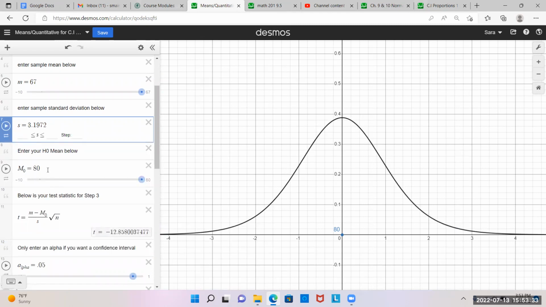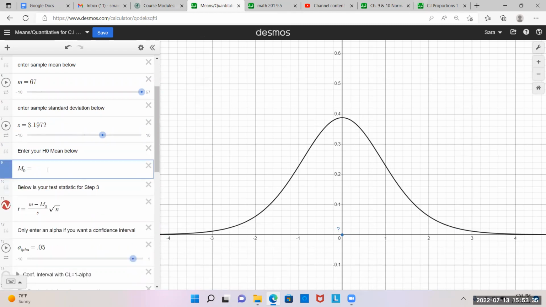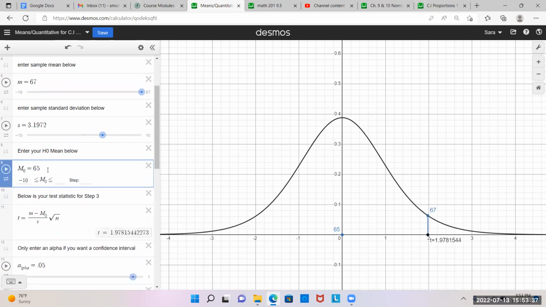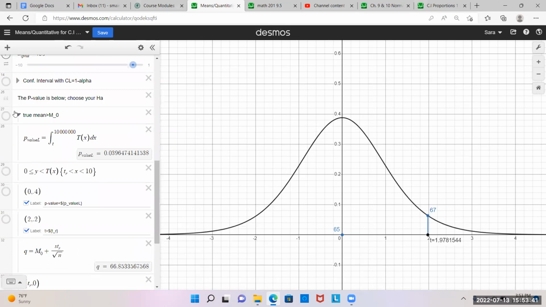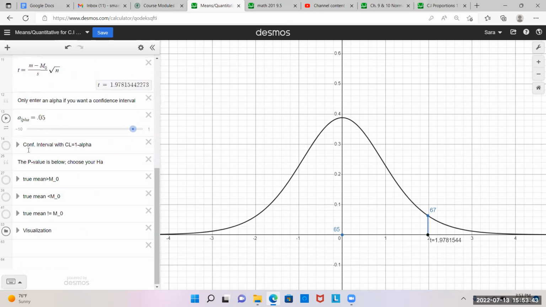Okay. And then we're proposing, they thought it was really 65, but we think it's actually higher. And so because it's right-tailed, we're going to go down and notice all the choices. There's a confidence interval, which we did in chapter 8. And then the p-value, we're going to do this right here.